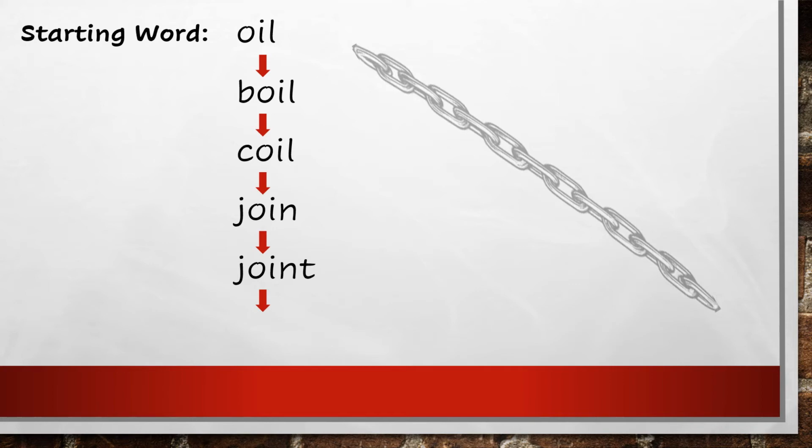The beginning sound is different, so I need to turn that J into a P. So point is P-O-I-N-T. And that is the end of our first chain. Once you have that all written down, and all 6 of those words spelled correctly, you can go ahead and move over on your page and start our next.